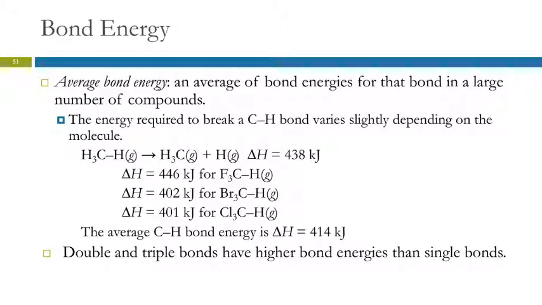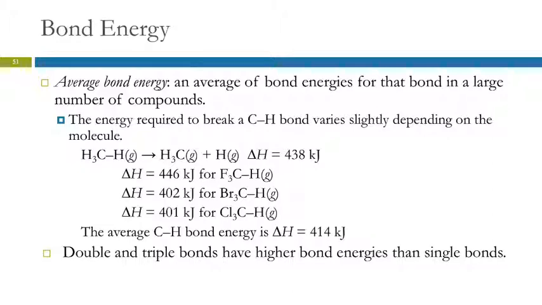So we say the average carbon-hydrogen bond is 414 kilojoules to break 1 mole of bonds. So we can look up these things in a table of average bond energies, and those have been calculated just using the bond energies in a large number of different compounds and averaging them together.